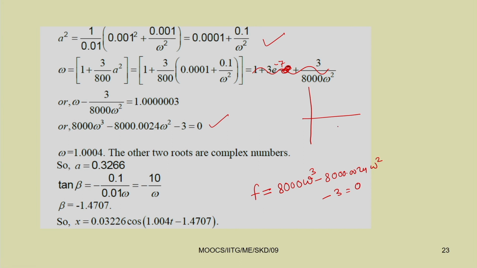So, you can plot omega versus this f. This is a cubic order polynomial, so you can get 3 roots. You can see it will cut this 0 line at 3 points.